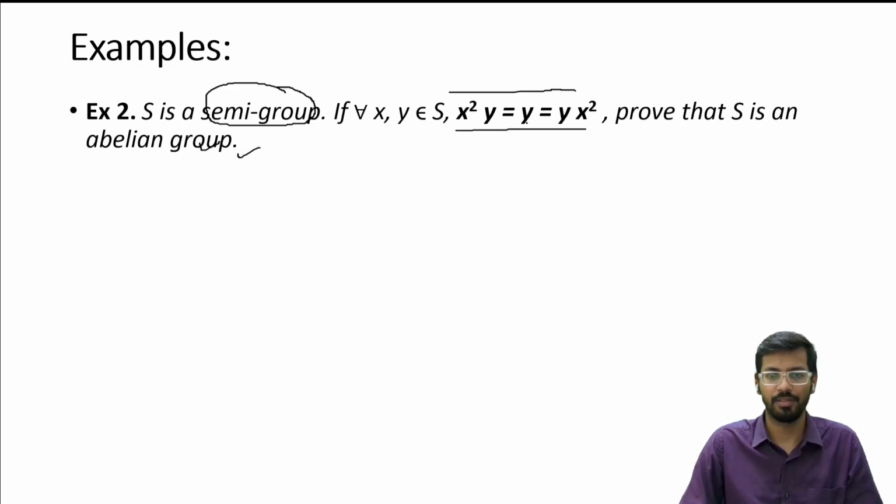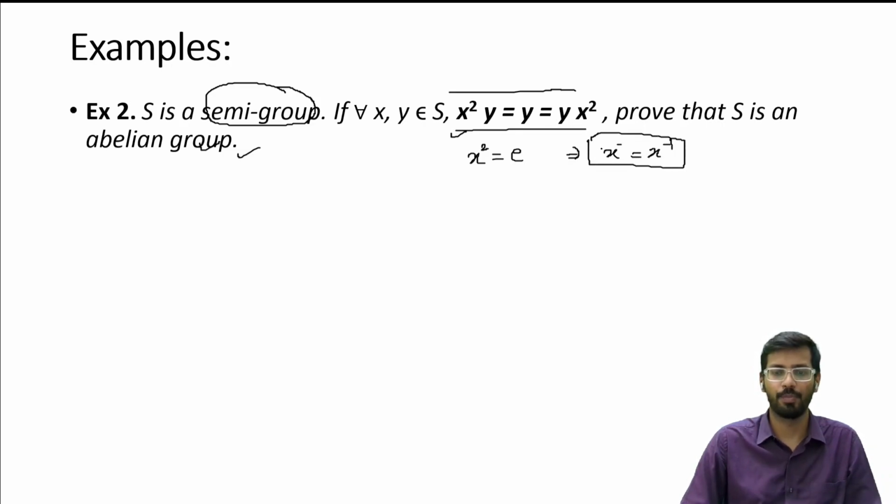So from this equation, we can easily say, from these equations we can say x square is equal to e. Okay, this square is equal to identity element. So from this we can say x is equal to x inverse.